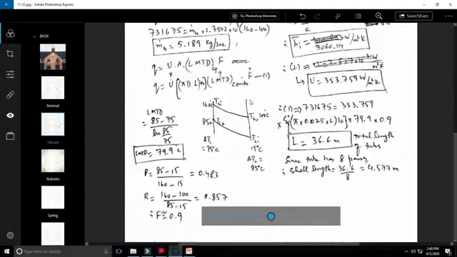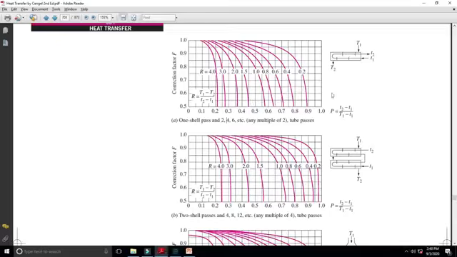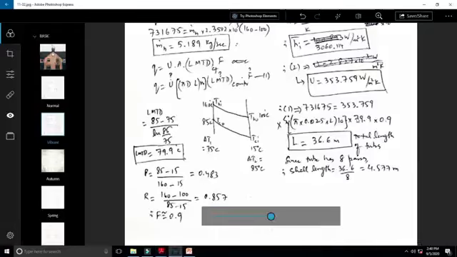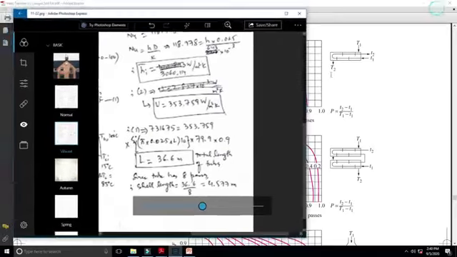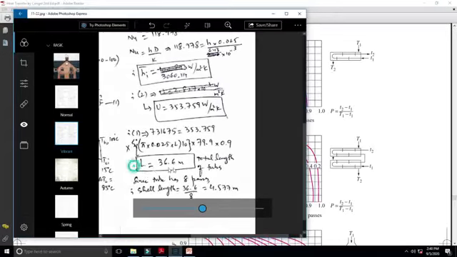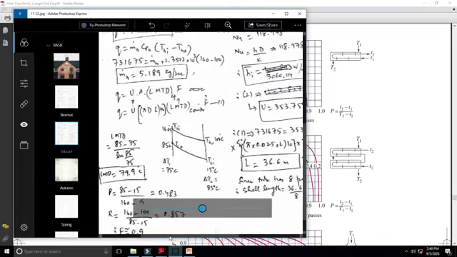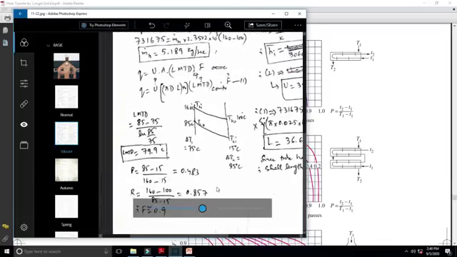So now we will calculate P and R. P is small t2 minus small t1 over capital T1 minus small t1.